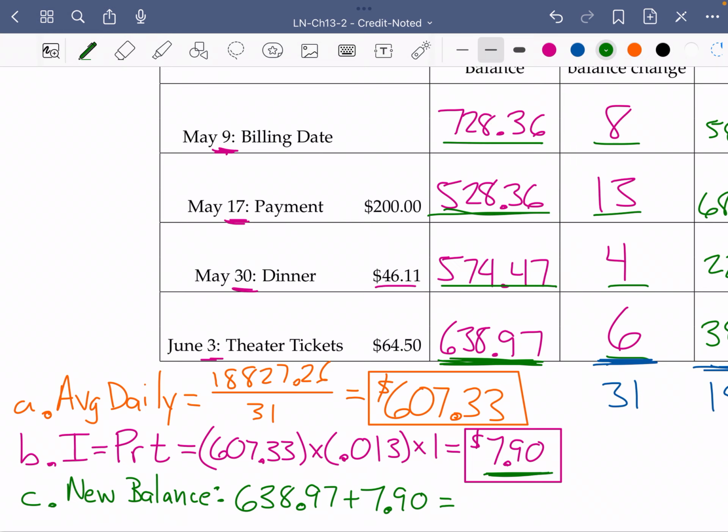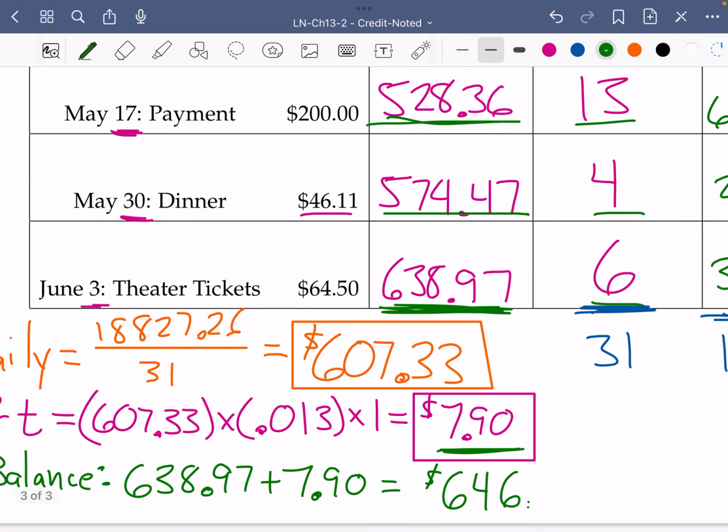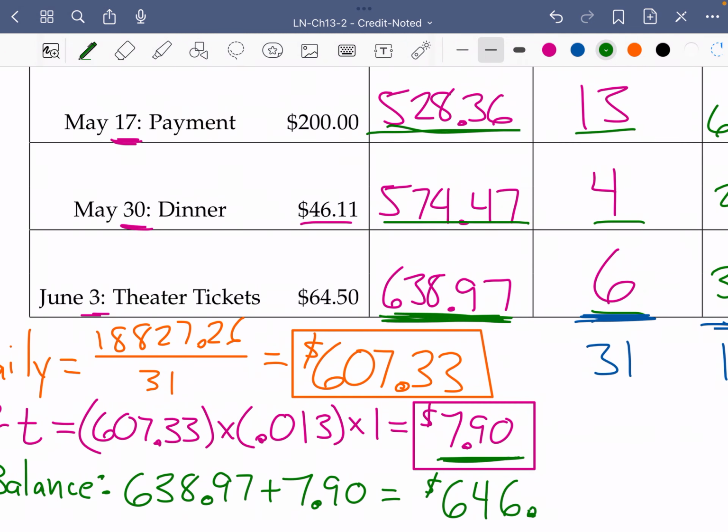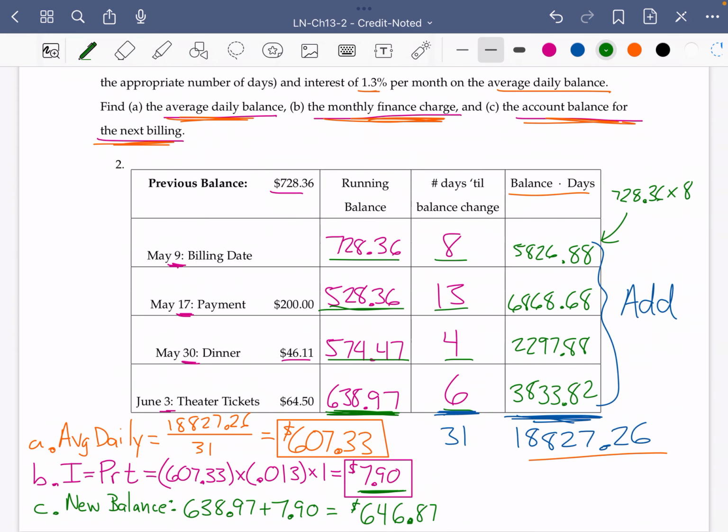And so at the beginning of our next billing cycle, we owe $646.87. And that is how we might calculate some billing related to credit cards.